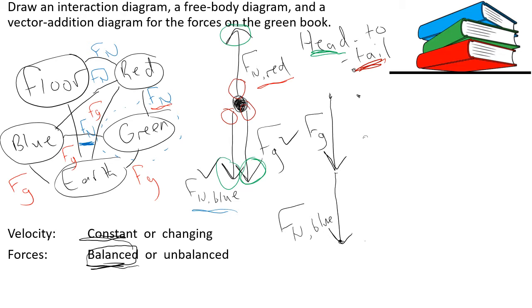So I've already decided that the forces are balanced because the velocity is constant. That means that when I draw my Fn red vector, I have to end right there. So I will draw that, label it Fn red, and I've drawn my last vector.